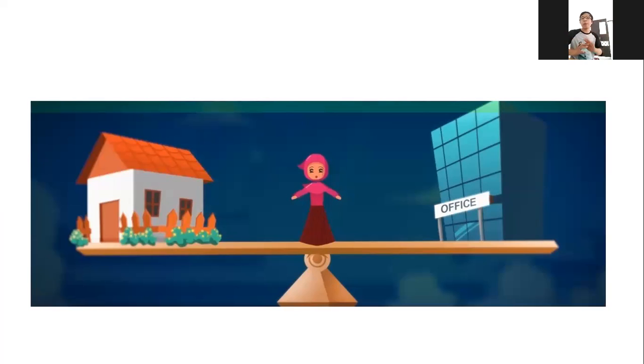For example, women after graduation sometimes get confused deciding whether to be a housewife, or to pursue their dreams by taking a job. So that's a specific preference.